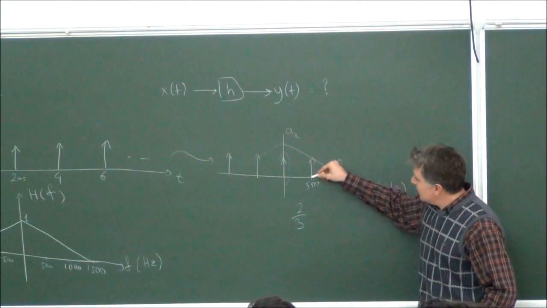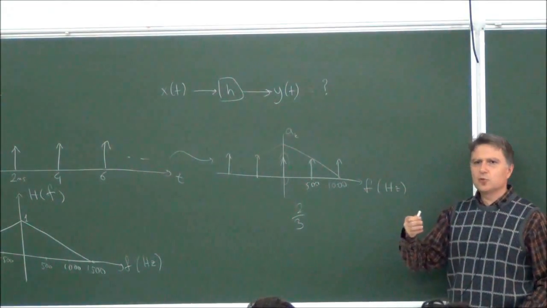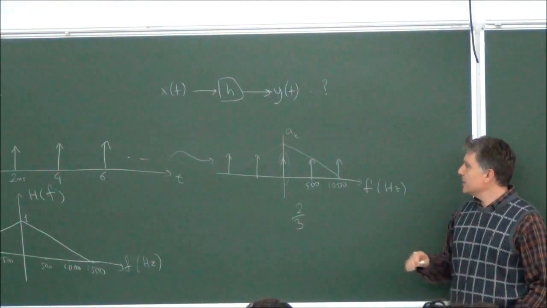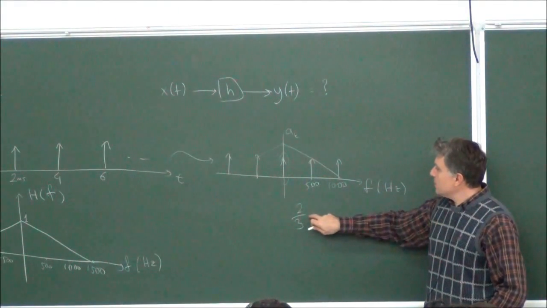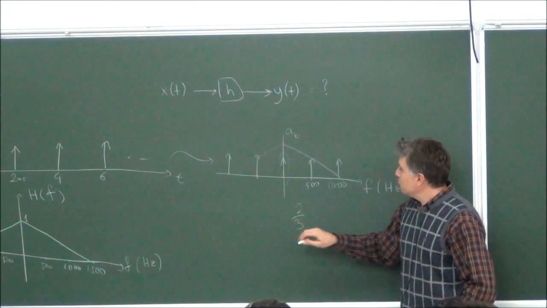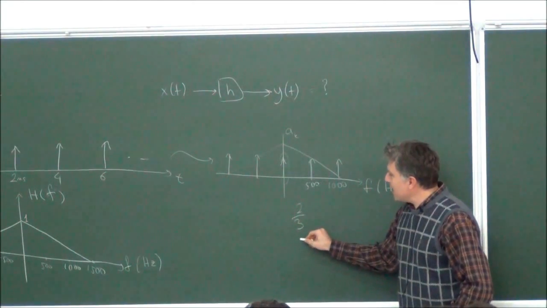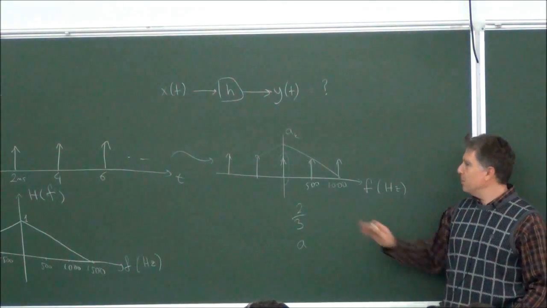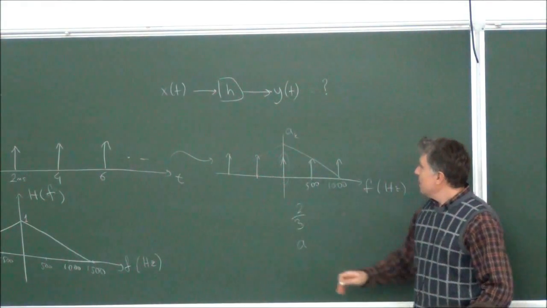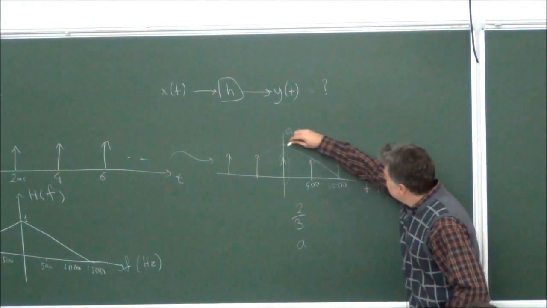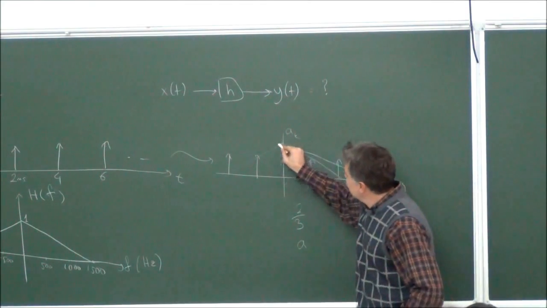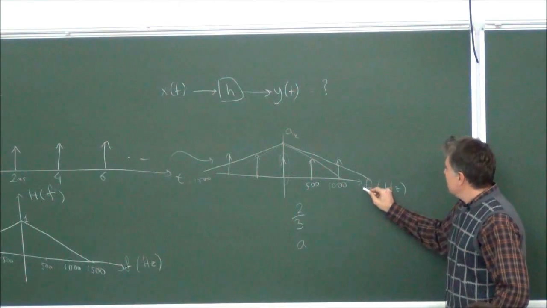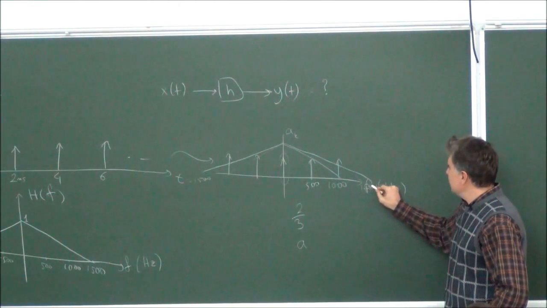So whatever the magnitude of this one is, which is 2 pi over capital T, if you remember from the Fourier series coefficients, this will be multiplied by 2 over 3, and overall it will make a value. Let's call that value A for the magnitude of these two impulses. And sorry, it goes on like this from minus 1500 to 1500.